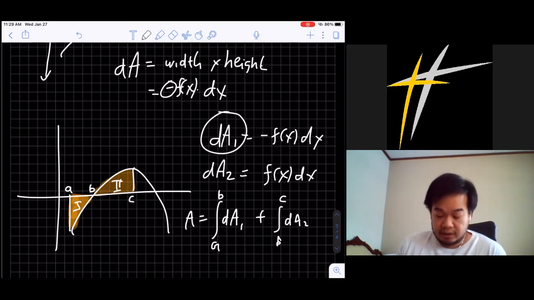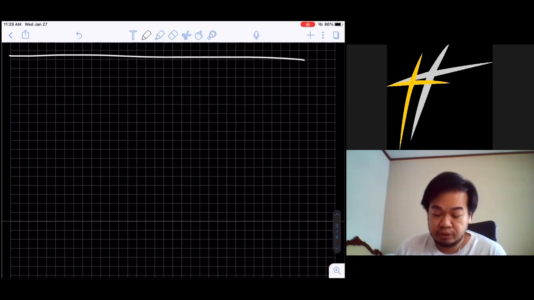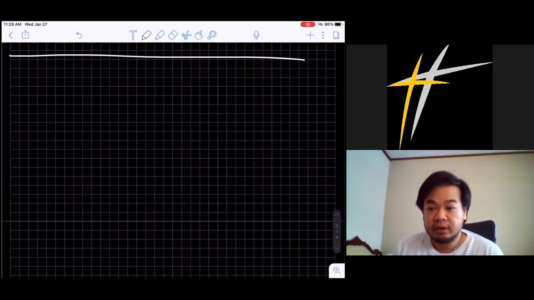Now the next step is that it's also really important for you to be able to sketch your graph correctly. I'm not allowing you to use Desmos or a graphing calculator, especially in your quiz or your test.